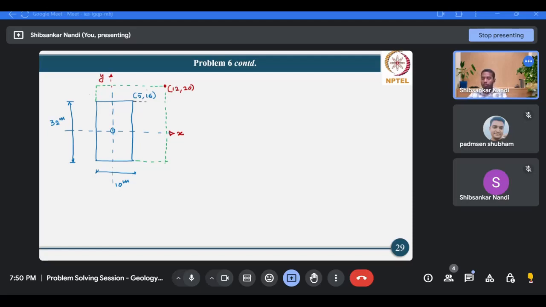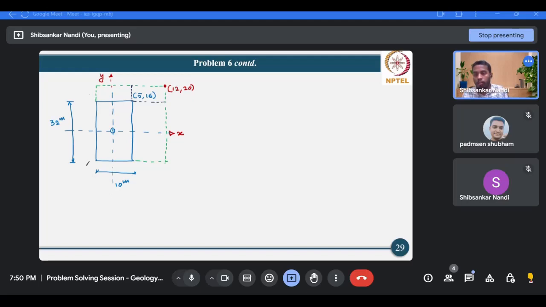So we will have, as a whole, four rectangles.